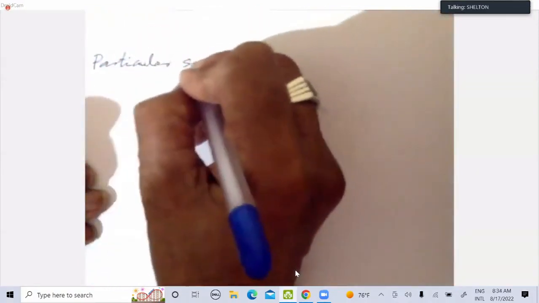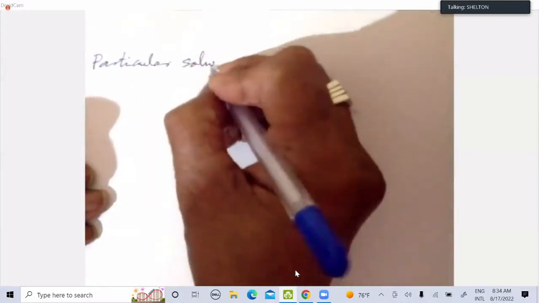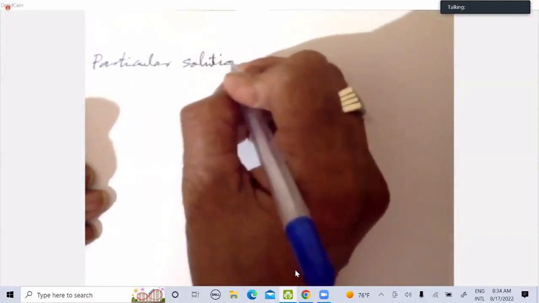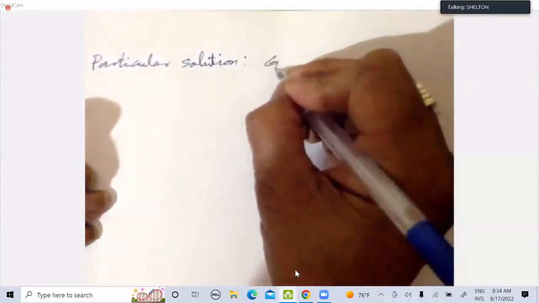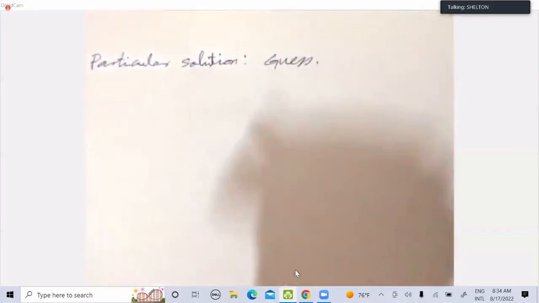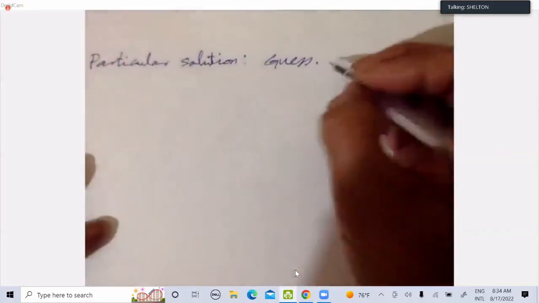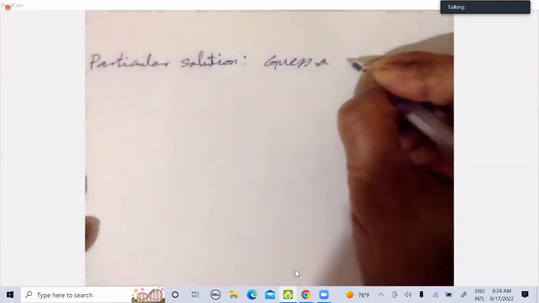how to find a particular solution by guesswork. You just guess a solution.